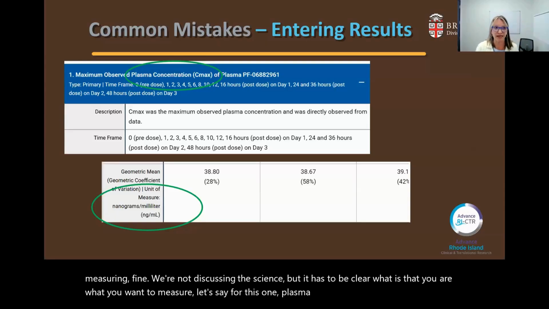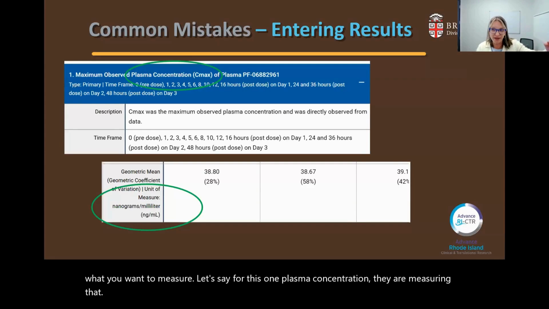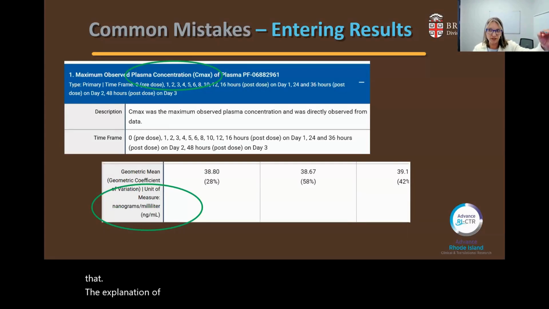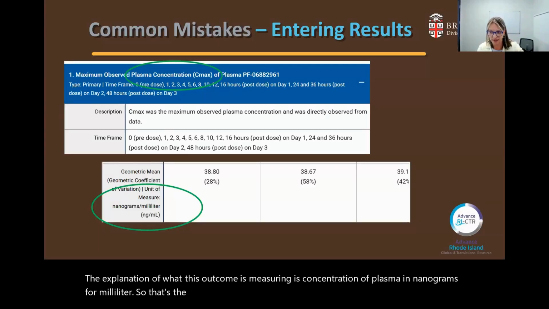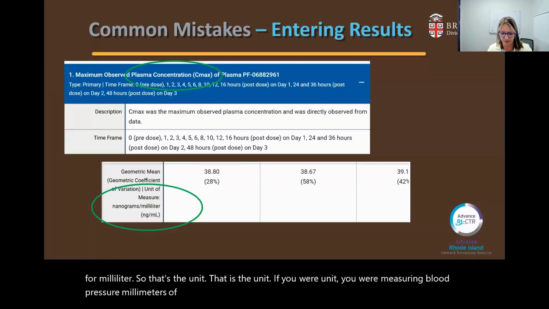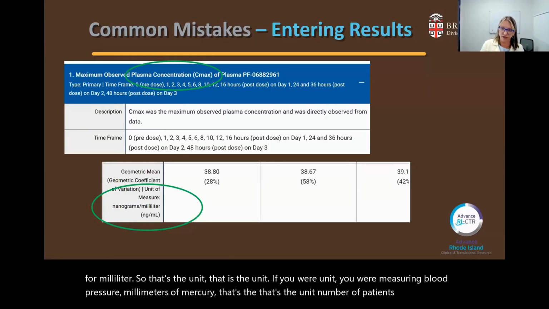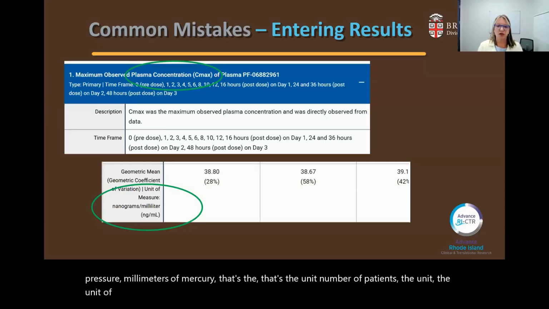The explanation of what this outcome is measuring is concentration of plasma in nanograms per milliliter. That is the unit. If we're measuring blood pressure, millimeters of mercury, that's the unit. Number of patients, the unit of that is patients.